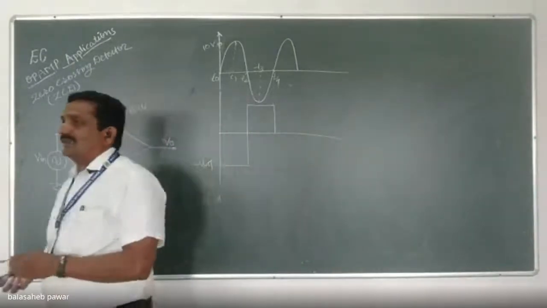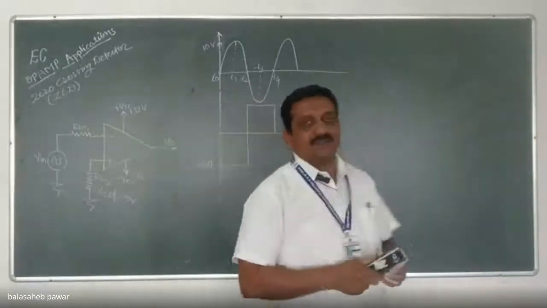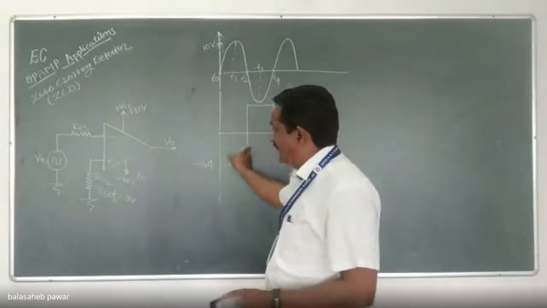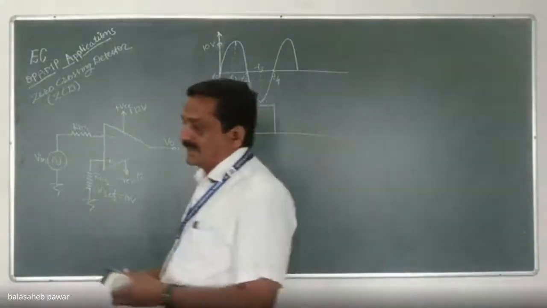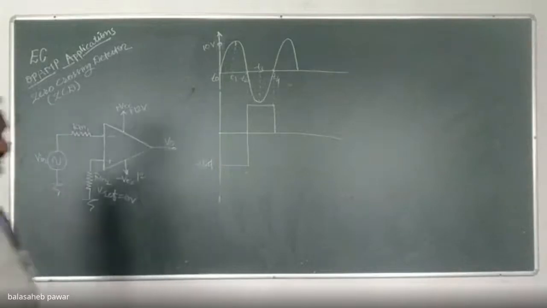Or we can call this one as any time varying signal to square wave generator. We can generate the square wave. See, it is symmetrical. In case of previous circuit, that is in comparator, as non-zero reference voltage was used, whatever the square wave we obtained, that was asymmetrical, right?